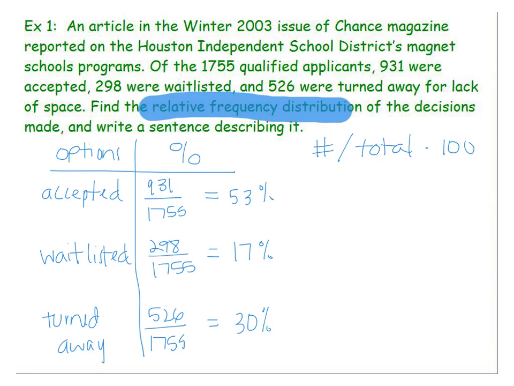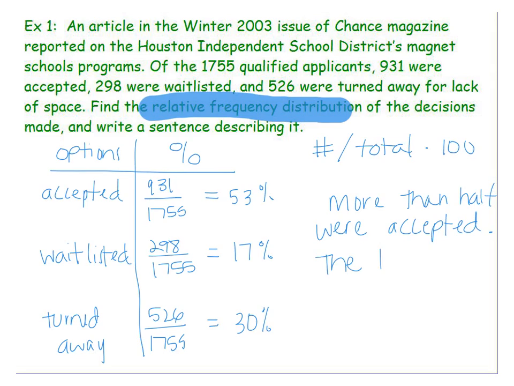Now, we're simply asked to write a sentence describing it. You can somehow incorporate all three. We could say more than half were accepted. We could say the least amount were waitlisted.